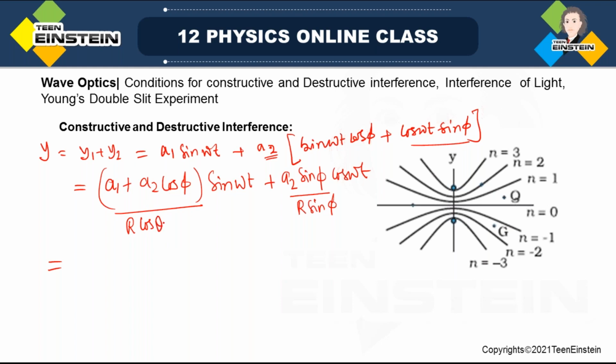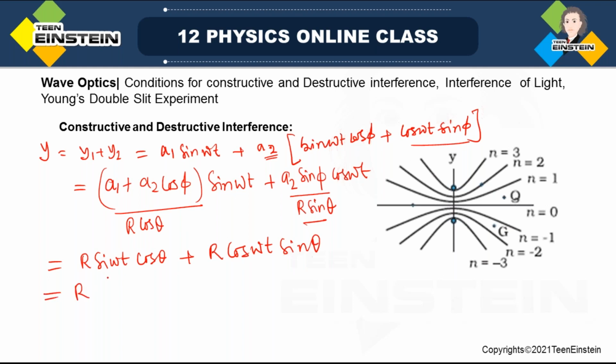See, a1 plus a2 cos phi as a whole is r cos theta, and this you take as r sin theta. So I'll rewrite: I get r sin omega t cos theta plus r cos omega t into sin theta.